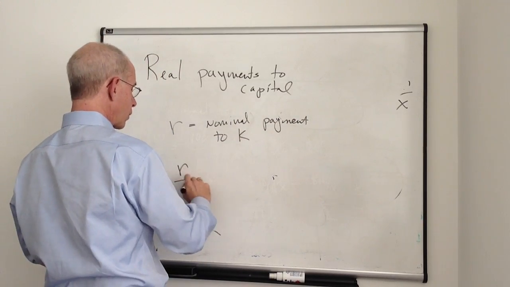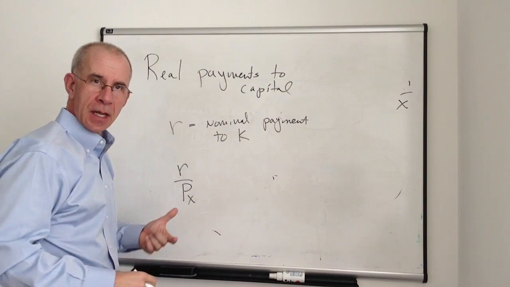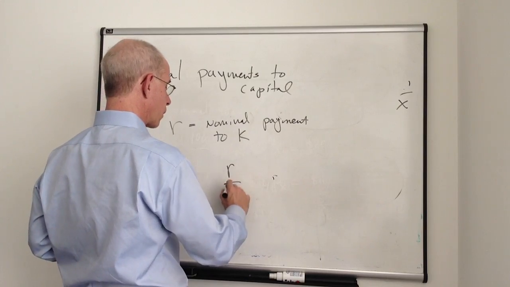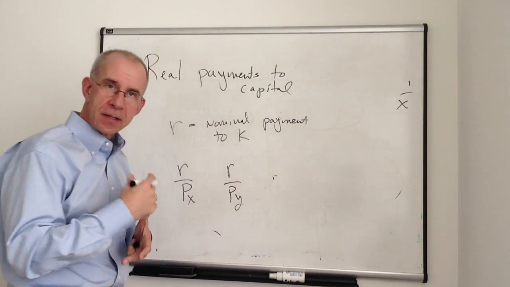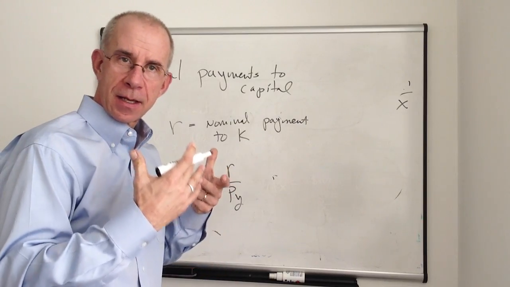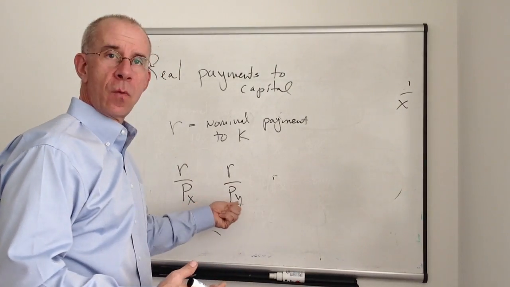And the real returns to capital is going to be adjusted for the price of X, or it might be adjusted for the price of Y, some measure of how much capital owners can buy of X or of Y given their nominal payment.